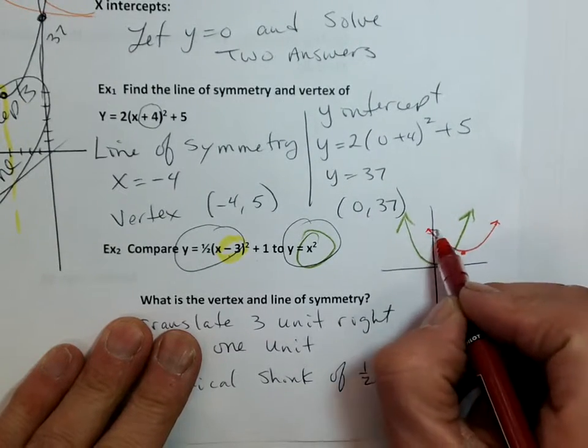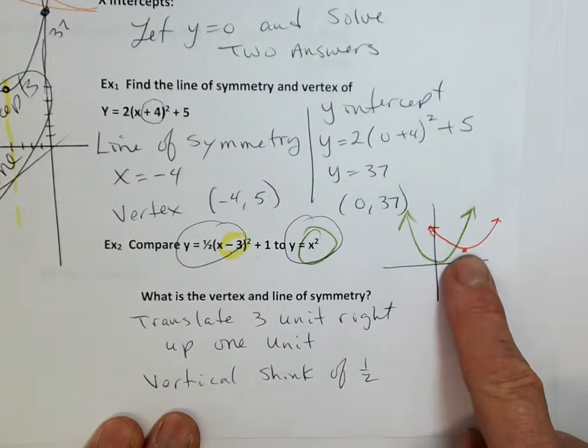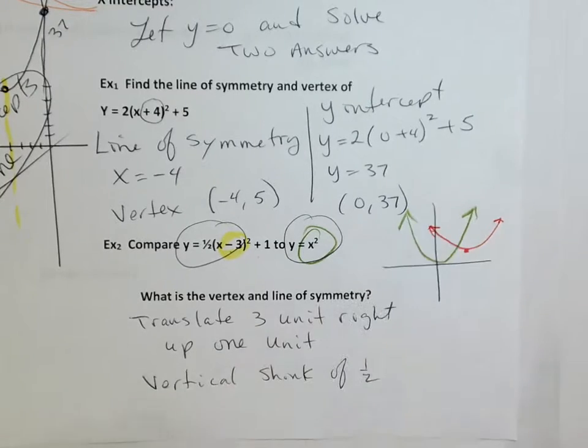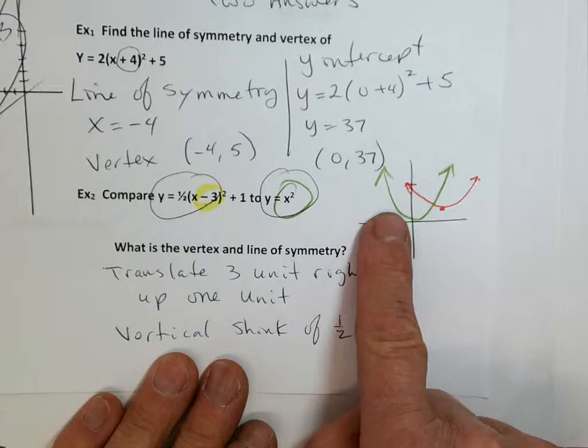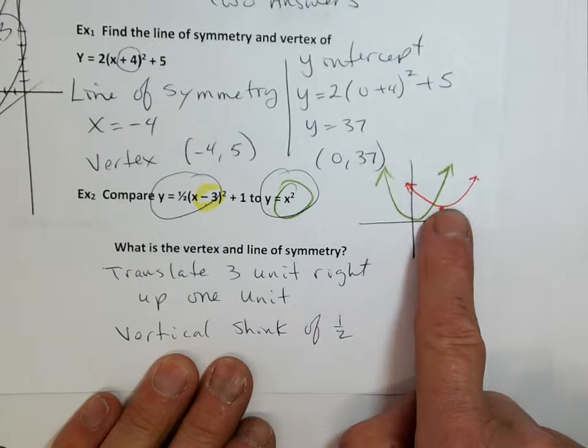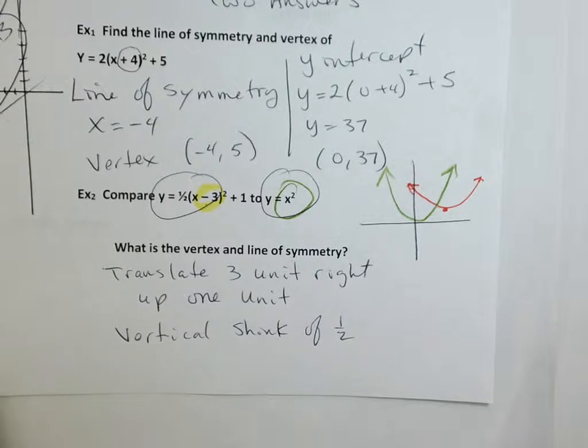Can you see it? Now that's just a rough sketch of it, but I've moved it to the right 3, up 1, and it's half as wide, or half as tall. Can you see how those two compare? Original parabola. This one's been moved 3, 1, and it's half as tall. Okay, thumbs up. Does that make some sense? Okay, you ready to turn the page?